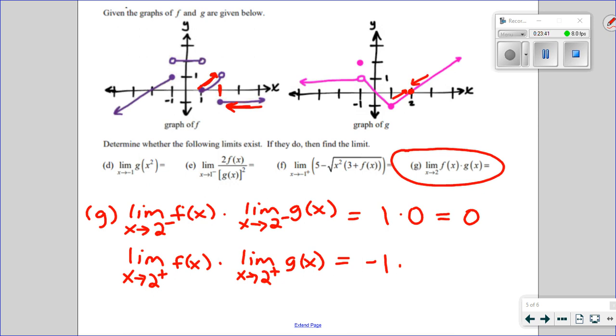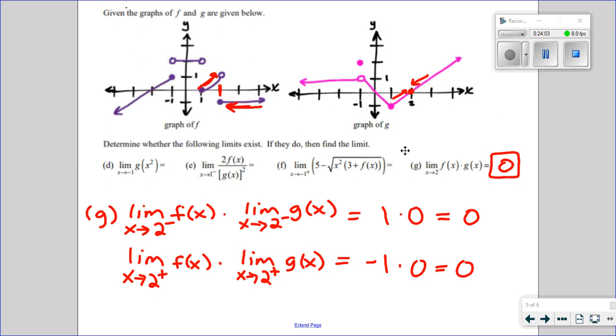We can see y again is getting closer to 0. Negative 1 times 0 is 0. Okay, our one-sided limits, they both exist and they are equal. So we now know that our two-sided or general limit does exist and it equals 0.